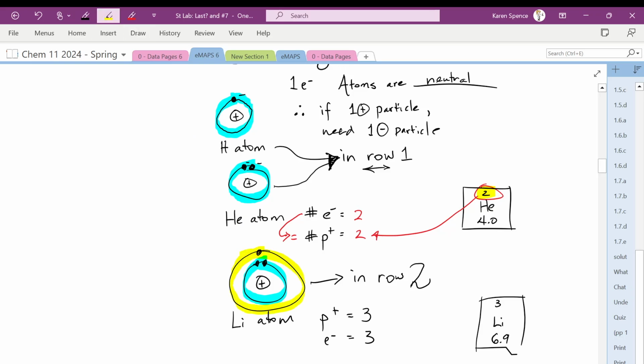What does the row number tell you? The row number tells you the number of occupied electron shells. So if you're in row 2, you have 2 occupied electron shells.